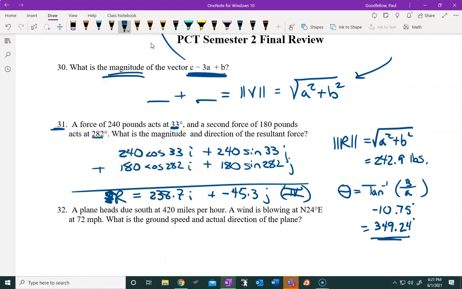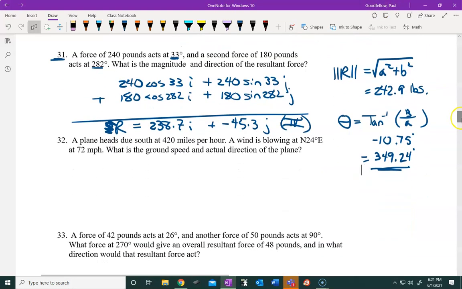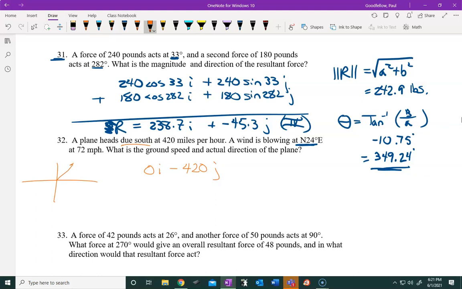Now, if it happens that your vector problem is not in full angle size, they may actually be in bearings. Make sure you know how to do that. Something that's going due south has no i, but it has negative 420 j, so that's a relatively easy one to do. The wind is blowing at 24 degrees to the east at 72 miles per hour.